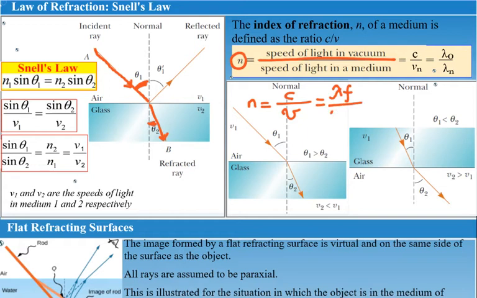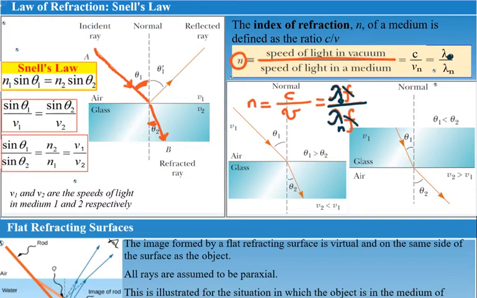This lambda is in the vacuum. This is why there's a little zero in the formula, divided by the wavelength in the medium, but the frequency stays the same.